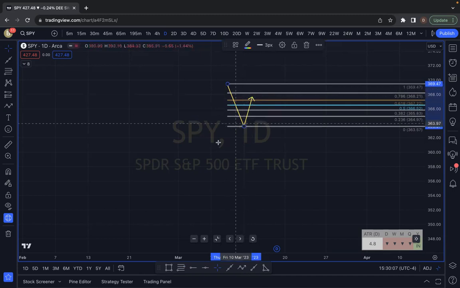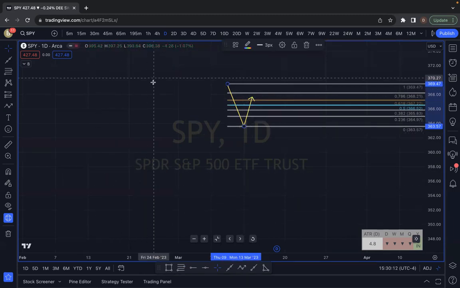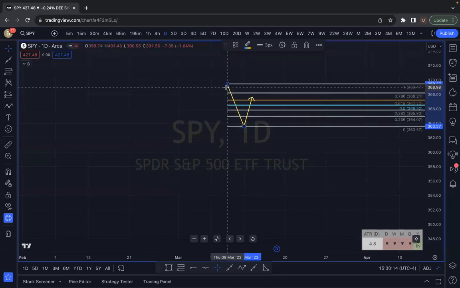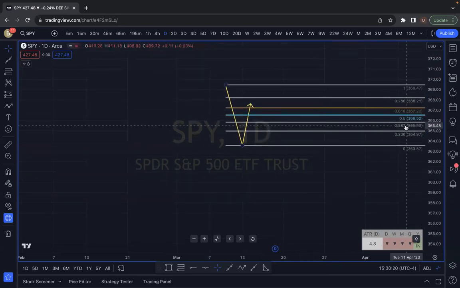So in an uptrend, you attach from the swing low, the bottom, to the top. And in a downtrend, you attach from the top to the bottom. And as you can see, the values have reversed. You know you're doing this right when the 1 is at the top and the 0 is at the bottom. That's how you know you've plotted it right.